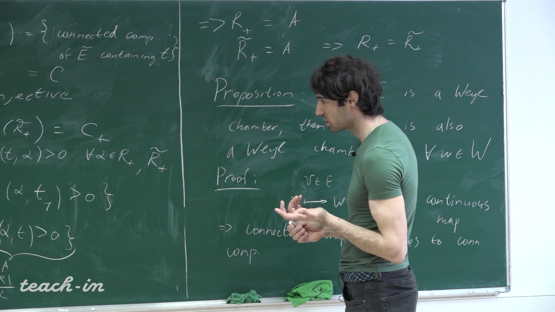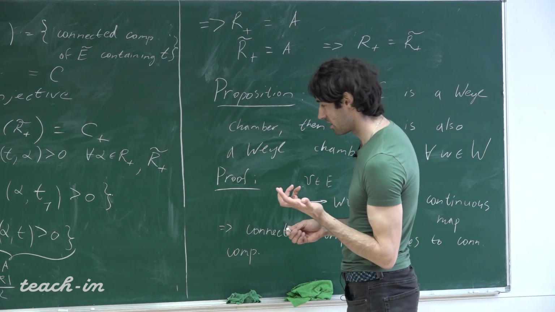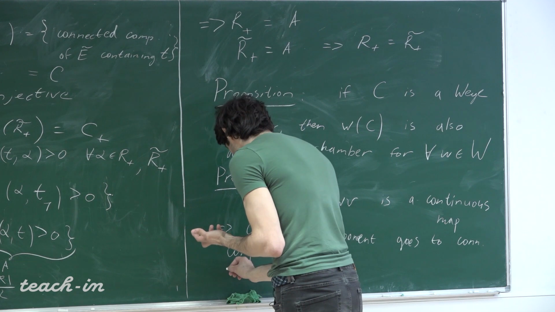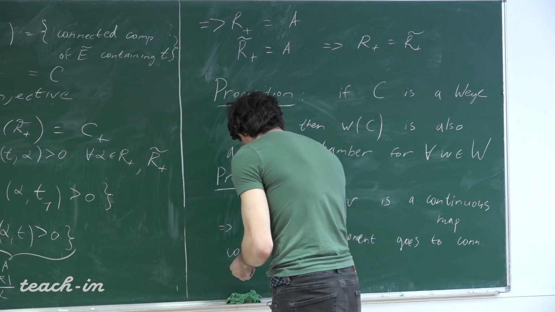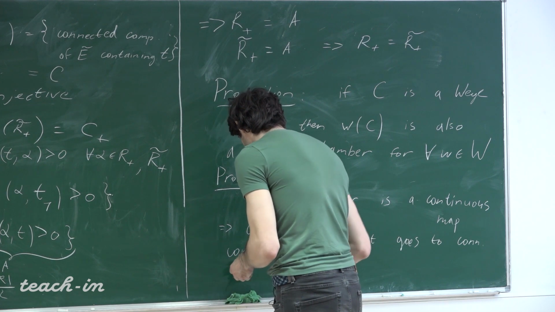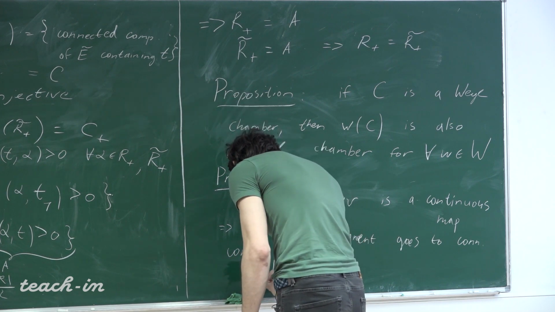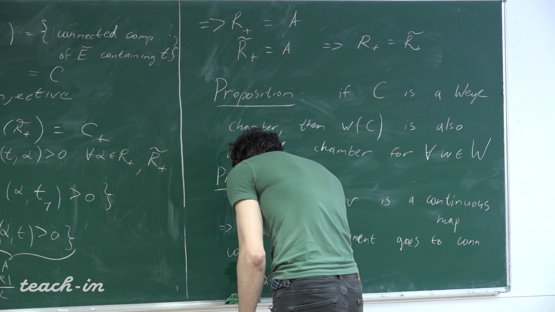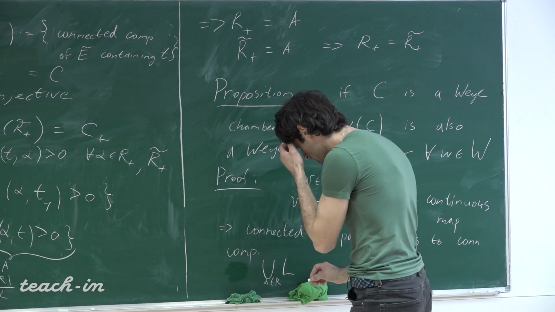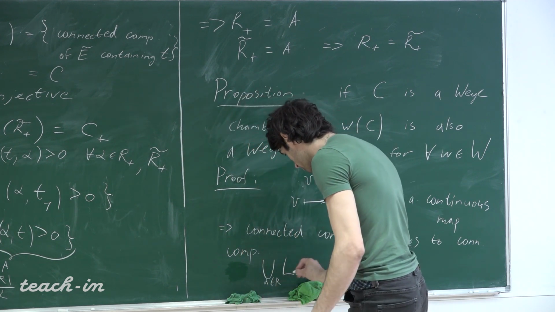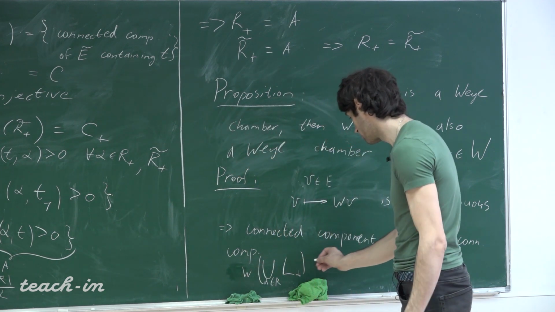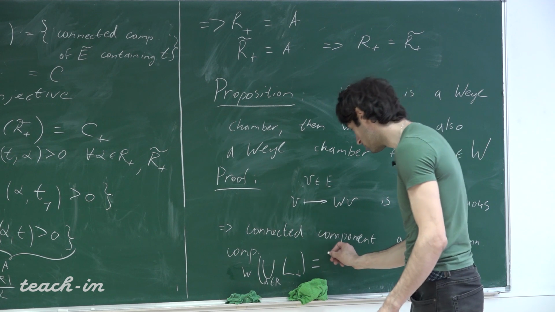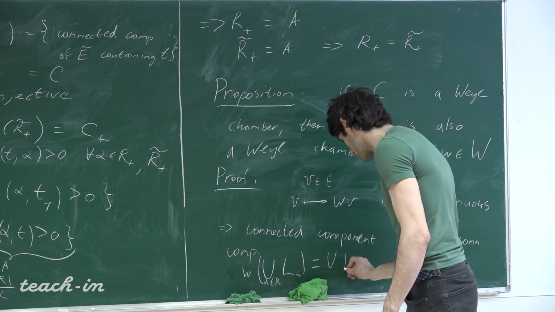But for that, we just need to check that if I take the union of hyperplanes L alpha, and apply W to it, it will still be a union of hyperplanes.